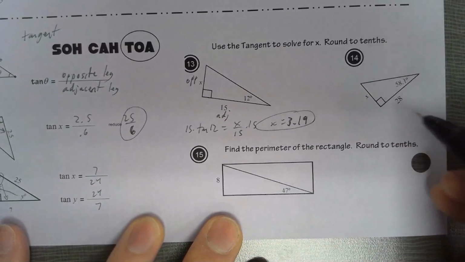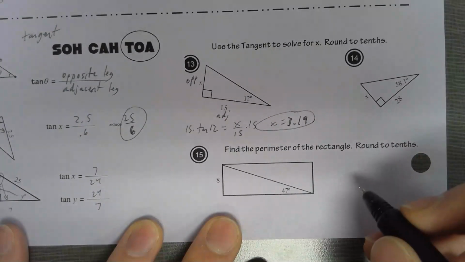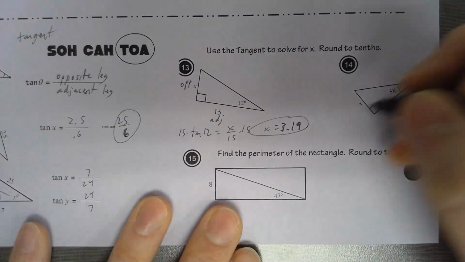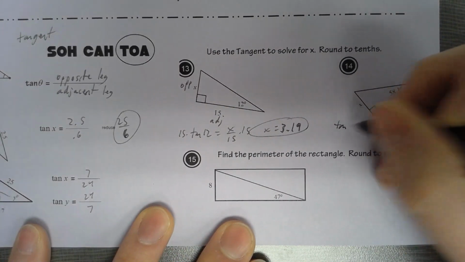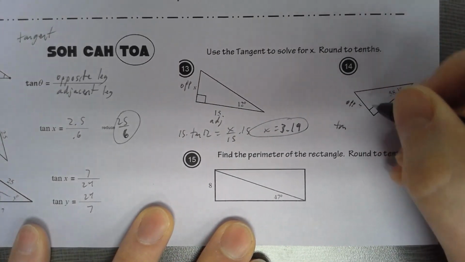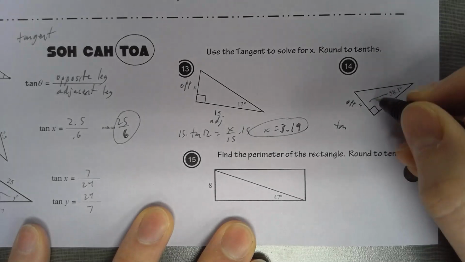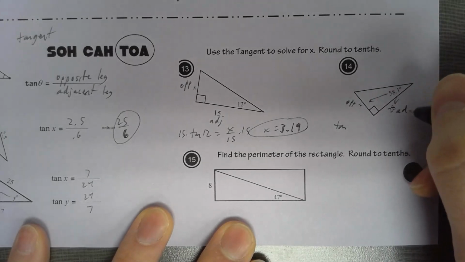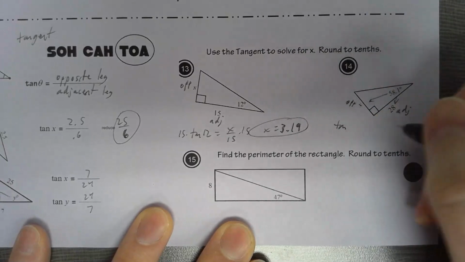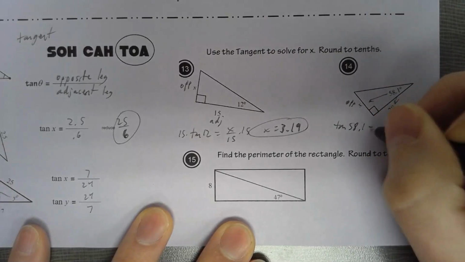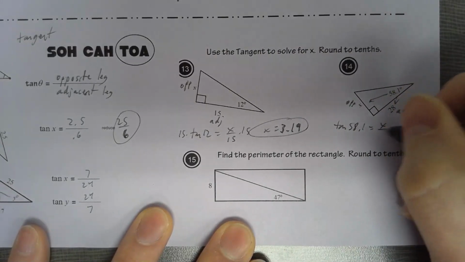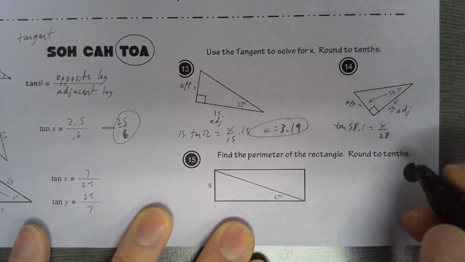Let's do this last one here, and then we'll do number 15 in class together. So it's the tangent, because we're looking for this opposite leg here, and we know the adjacent leg. So we have the tangent of 58.1 equals opposite x over adjacent 28.